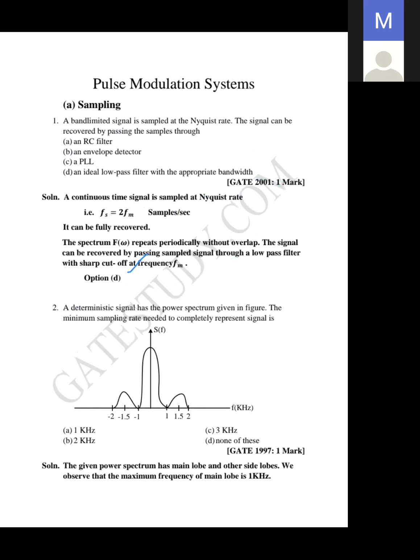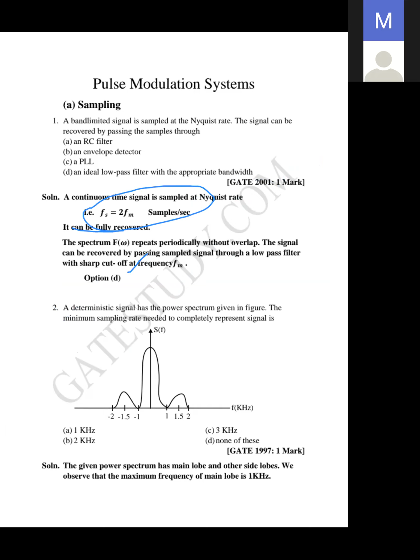The answer is, as I said, a continuous time signal sampled at the Nyquist rate is given as Fs is equal to 2Fm. Now I need to recover this without any loss. For that purpose, I need to use a band limited low pass filter because I have some cutoff frequency. More than this frequency, the components can be eliminated, and only the corresponding components will be recovered.